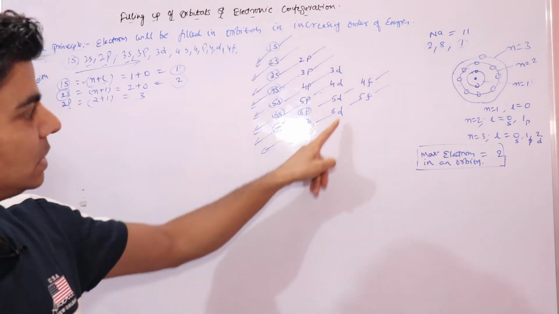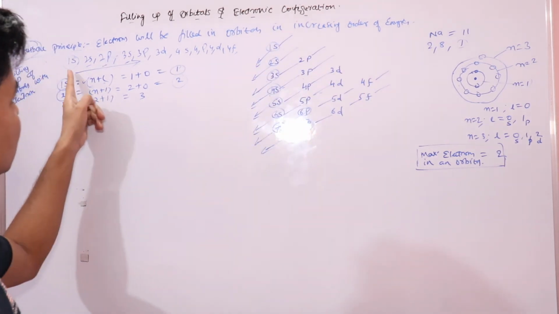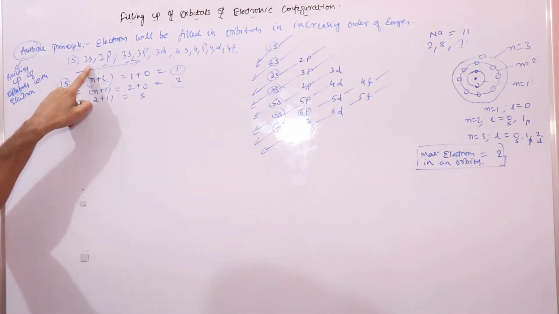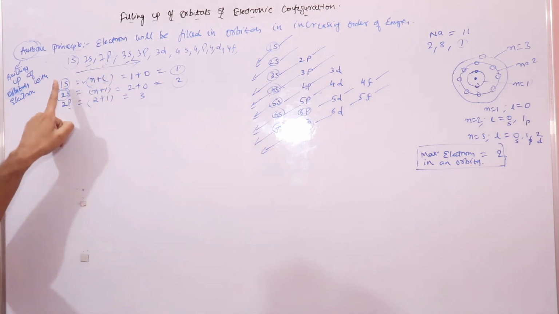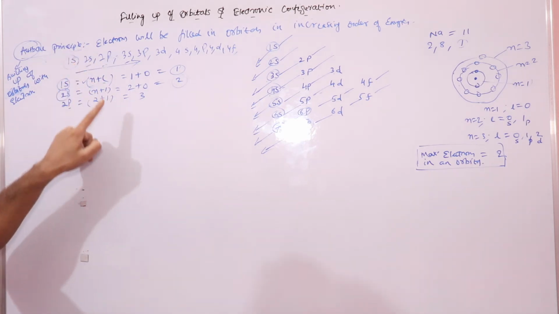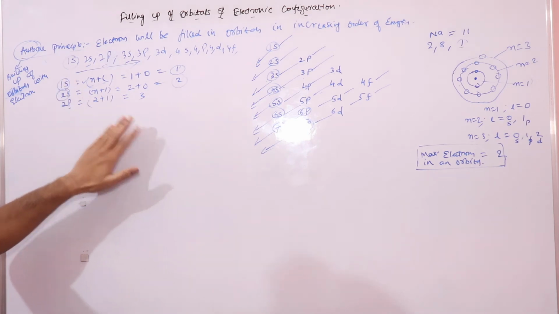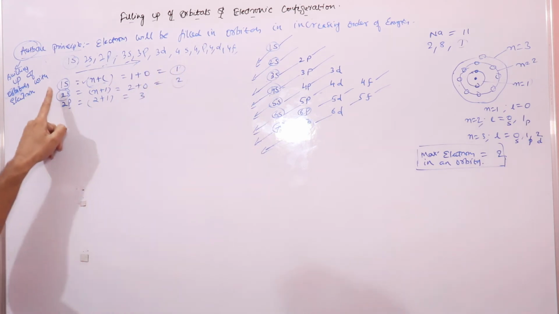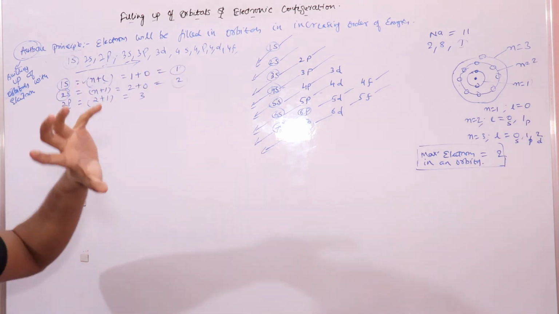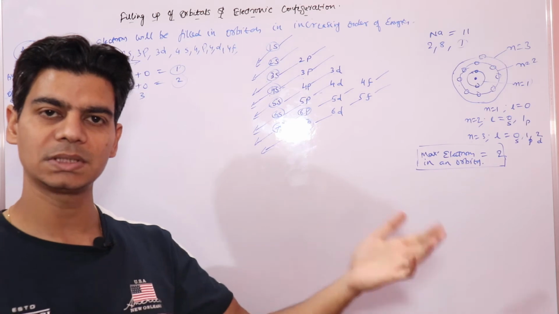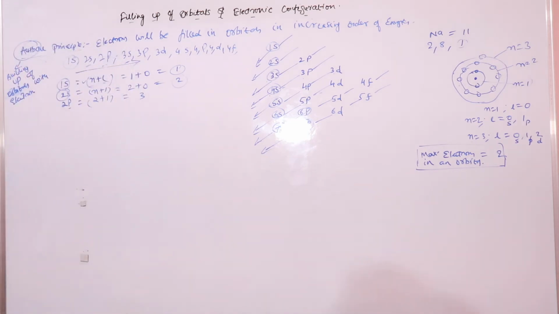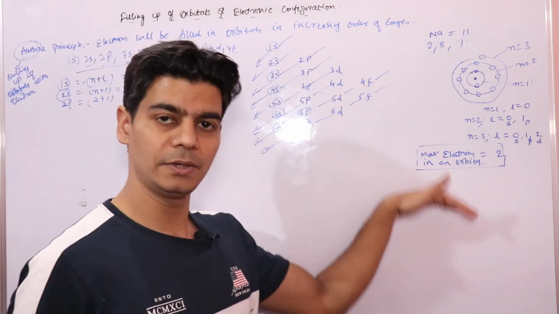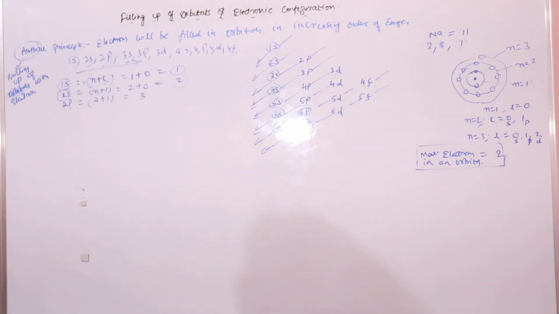The energy order can be seen from this diagram. The first electron will go to the lowest energy orbital 1s, then 2s, then 2p. You can find the energy of these orbitals using the n plus L rule, and based on it we get a similar order: if the value of n plus L is less, the energy of the orbital is less. This is very important in future for writing down the electronic configuration of elements.